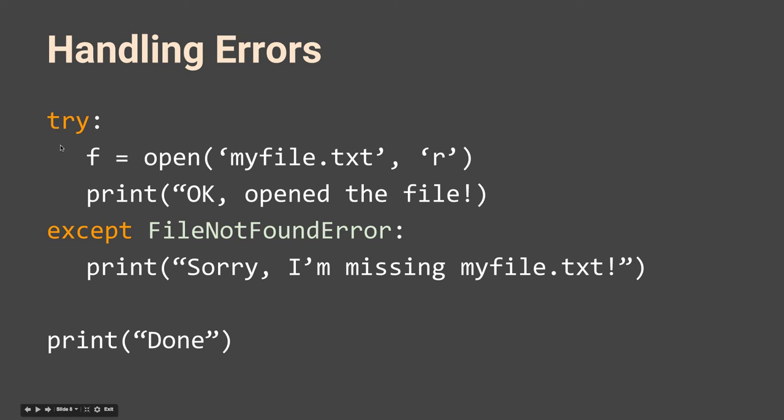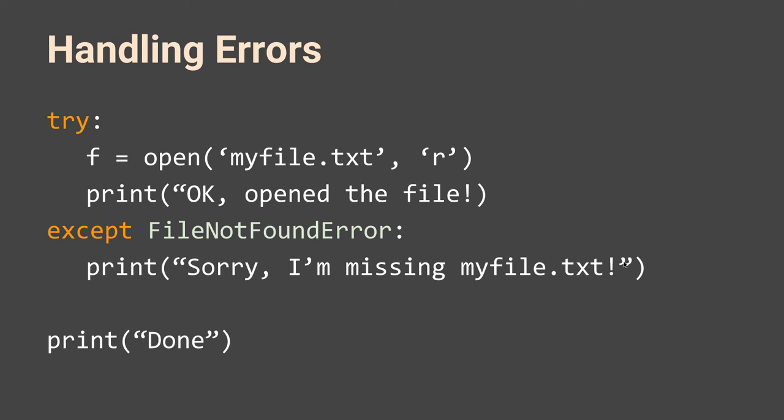And directly following the try block, these two lines of code indented under the try, is an except block. This except block names a particular type of error that you're defining an error handler for. So if at any point one of these two statements, and of course it really is going to be the open statement, happens to raise a file not found error inside this try block, the code inside the except handler will be executed immediately.